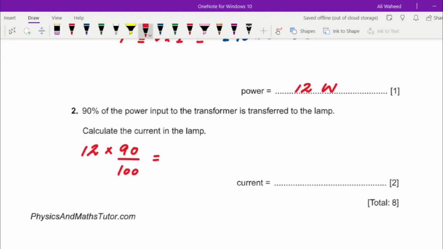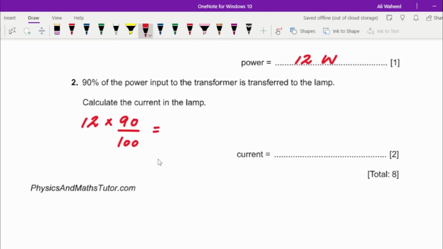And 90% of 12 is, we need a calculator for that. Okay, not 10.8 amperes, 10.8 watts. We're just finding how much 90% of the power is, so it would be watts. So this is the output power.